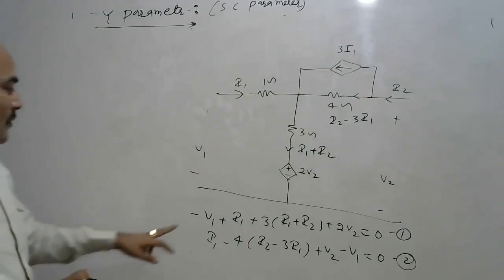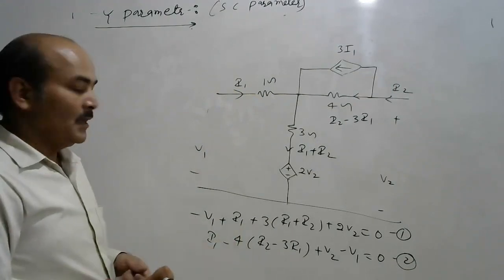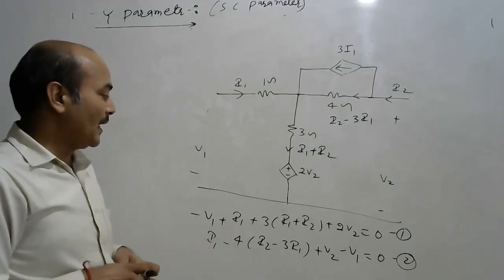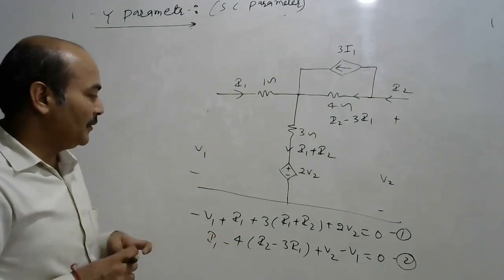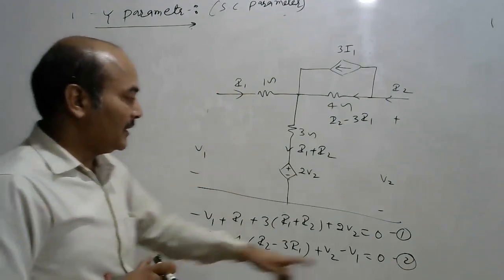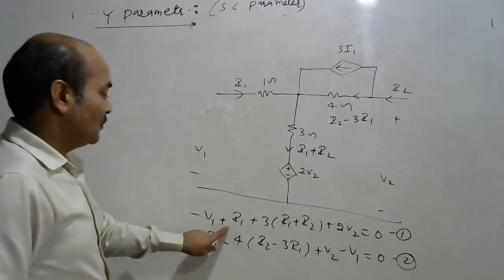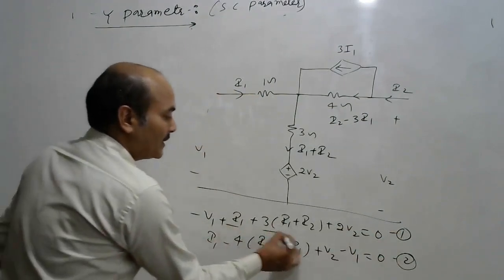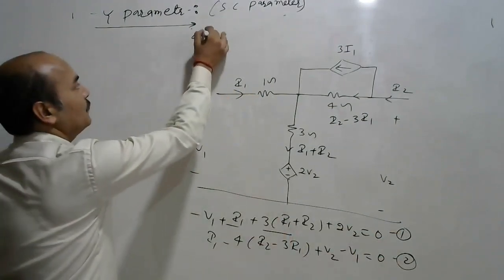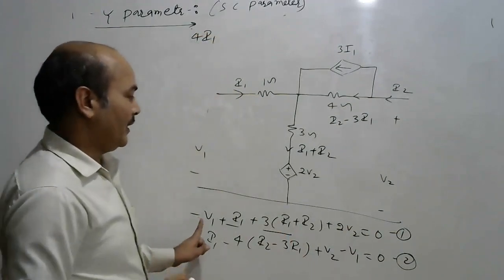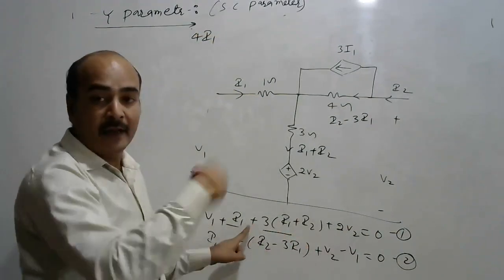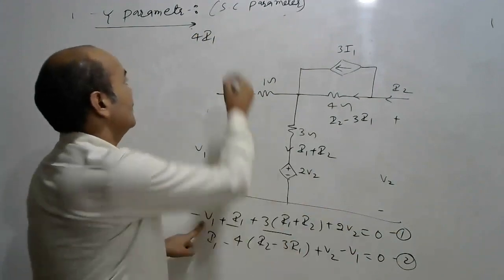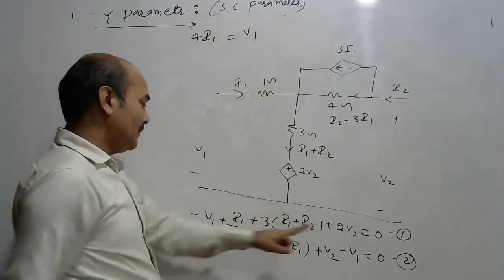Okay, so I have two equations. Our target is to find out I1 as a function of V1 and V2. So I am rearranging equations 1 and 2. See I1 and this term is 3I1, so this is 4I1, equal to, and take all the terms to the right hand side. So this minus V1 becomes plus V1.